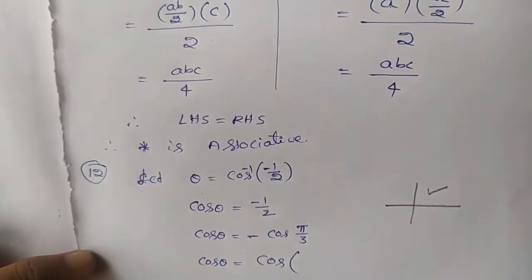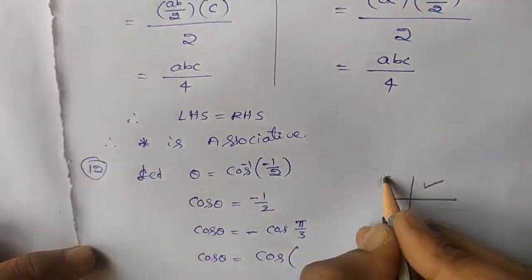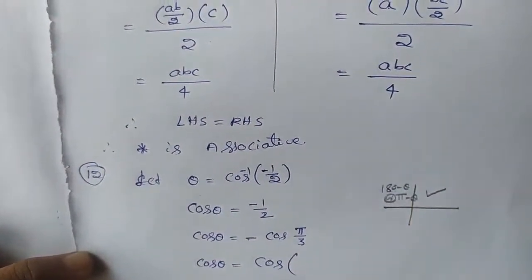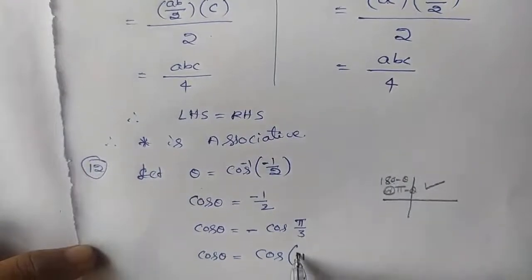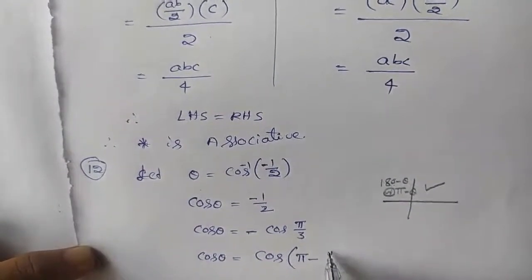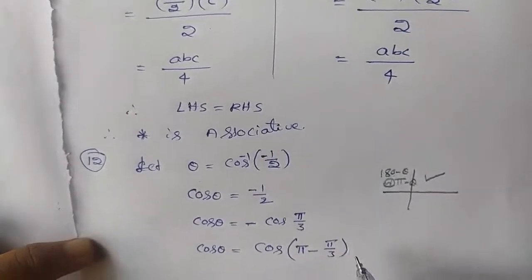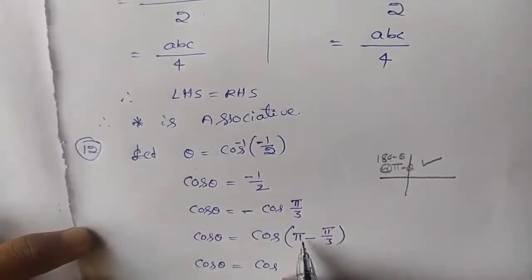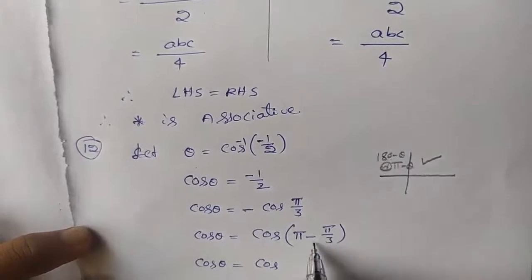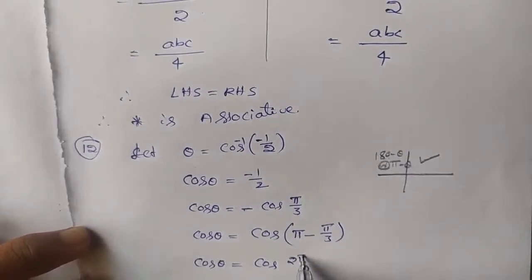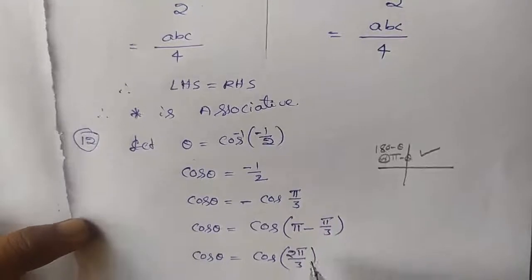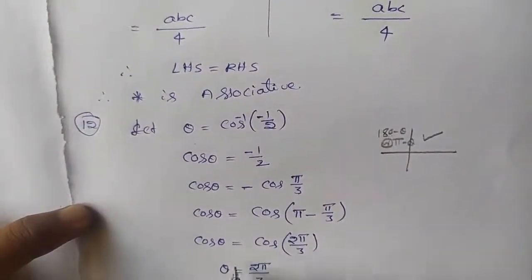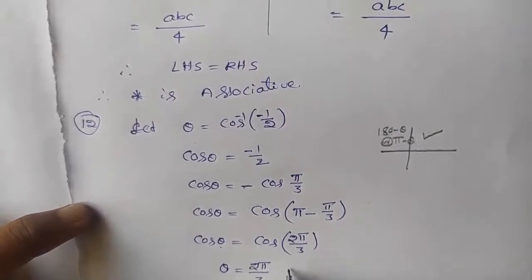In the second quadrant we take pi minus theta, where theta is pi by 3. So cos theta equals cos of pi minus pi by 3, which is 2 pi by 3. So theta equals 2 pi by 3.